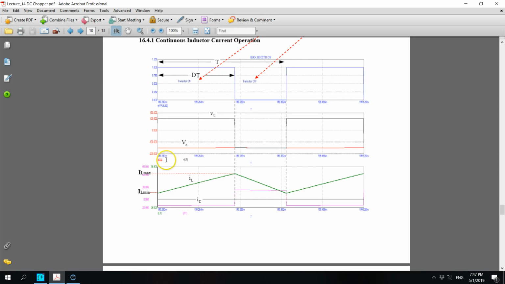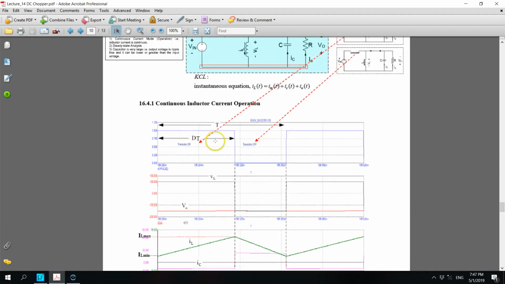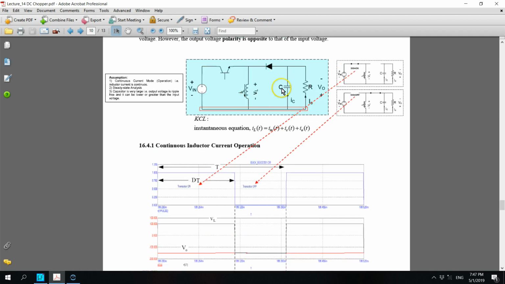Okay, so now let's look at when the transistor is off. So when the transistor is off, we know that the diode is on and the switch is off, and therefore we have only that loop, whereby we have minus VL minus Vout equals 0, and therefore VL equals minus Vout.